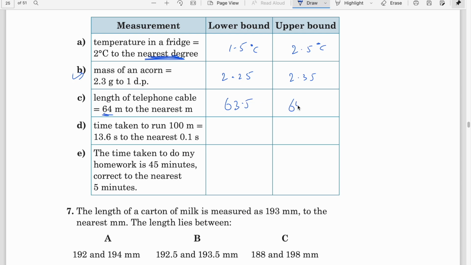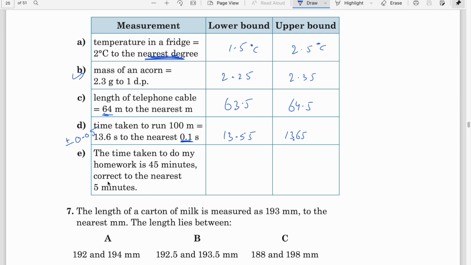Very good. Time taken to run 100 meters is 13.6 to nearest 0.1. 13.65 and 13.55, because we are adding and subtracting half of 0.1, which is 0.05. E part.